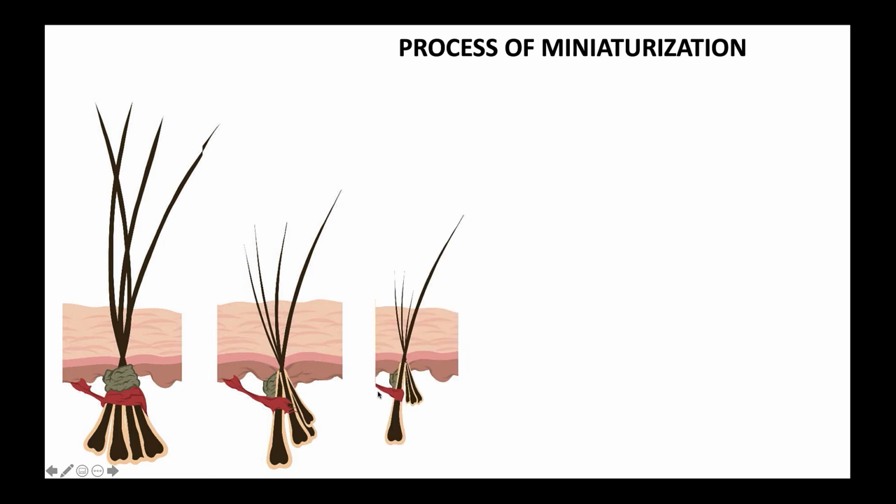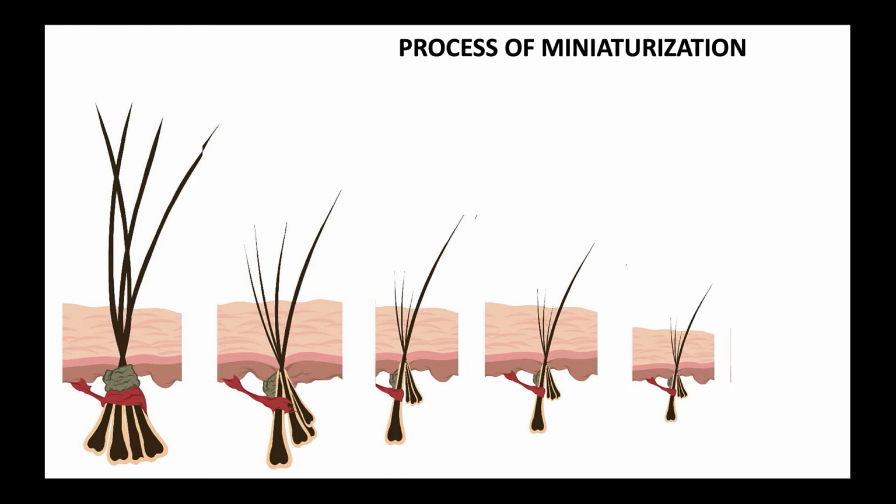But as it progresses, the arrector pili loses its attachment to those hair follicles which are getting miniaturized. When the arrector pili gets detached, there is a further progression of the miniaturization. It further gets miniaturized, thinning of the hair continues, shortening of the hair follicle, and finally even that single hair follicle which had the attachment of the arrector gets detached.